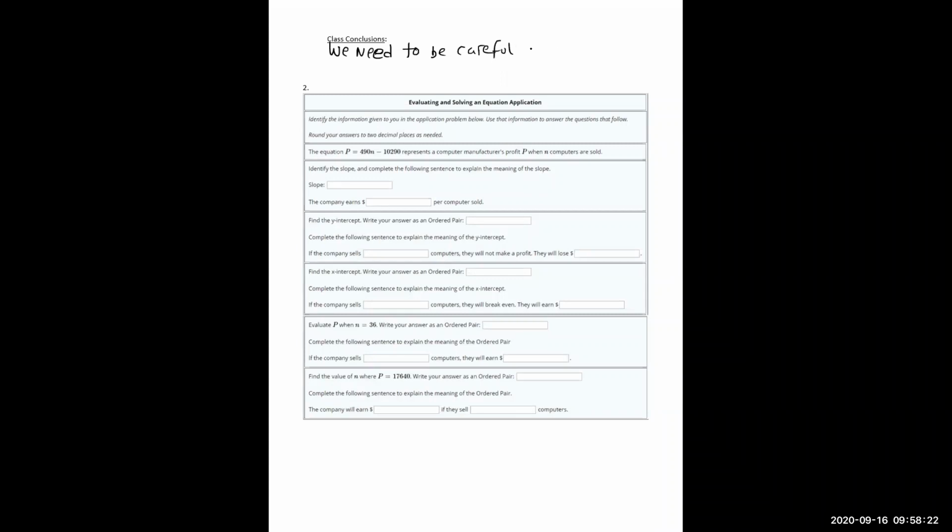Now I'm going to use a new vocabulary word here for you. This word means to make predictions about the future using a model. When we're making predictions about the future, or when we're looking at our model, we need to be really careful. We need to be careful when we extrapolate data from a model.